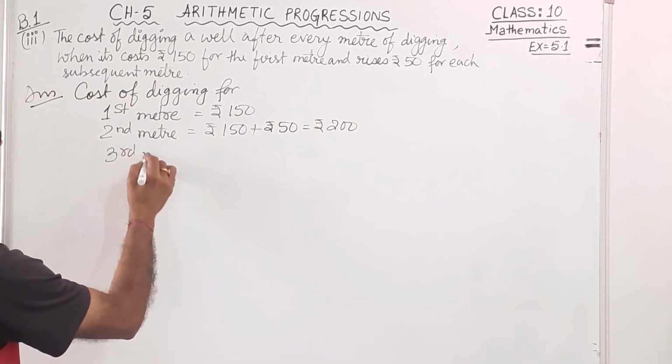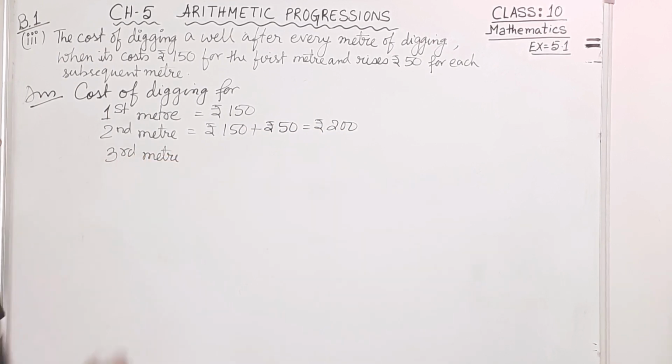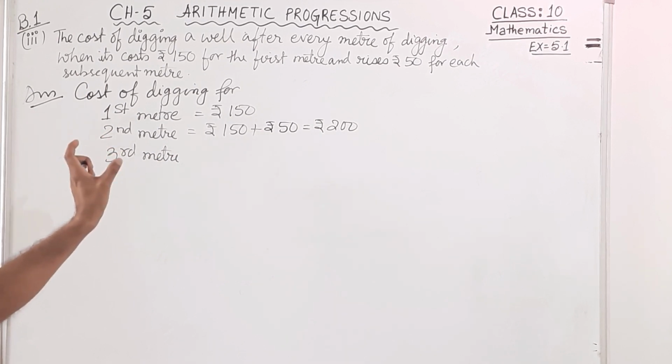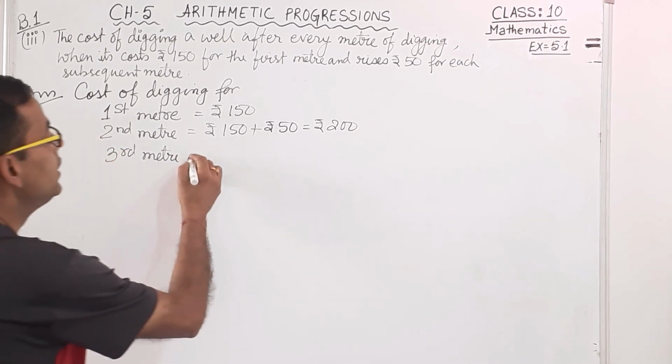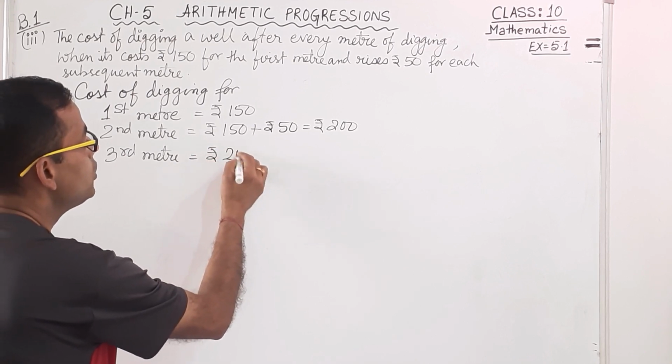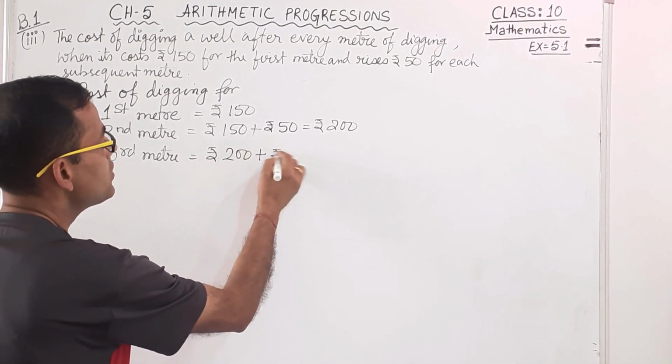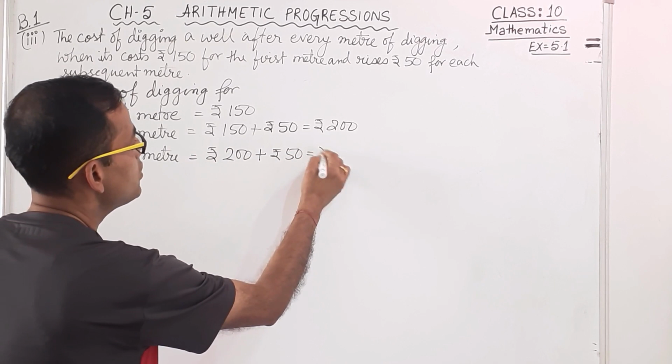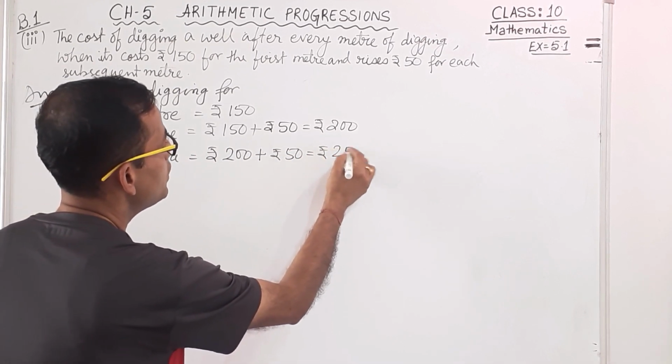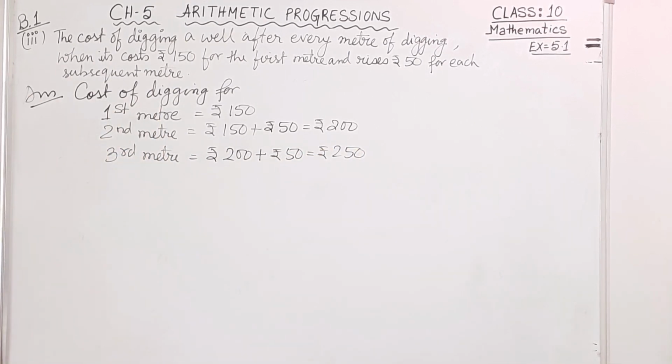Third meter means first meter, second meter and third, total 3 meters if you want to dig. So it will be how much? Rupees 200 plus rupees 50, so rupees 250. Like this way.